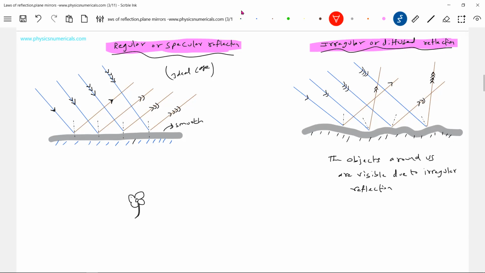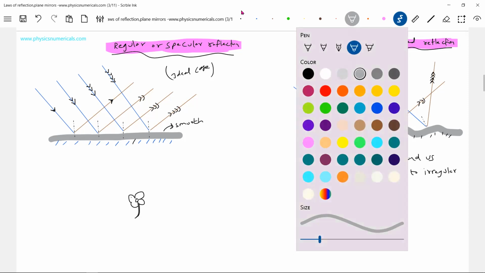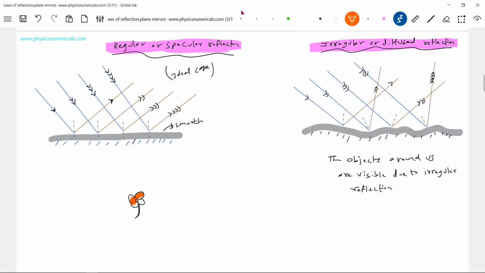There's a red color flower, and a person is going to view it.